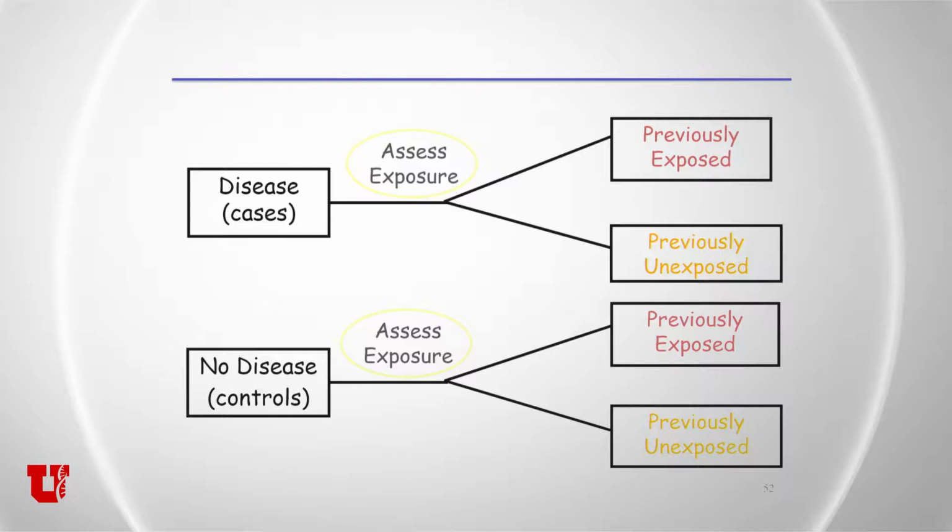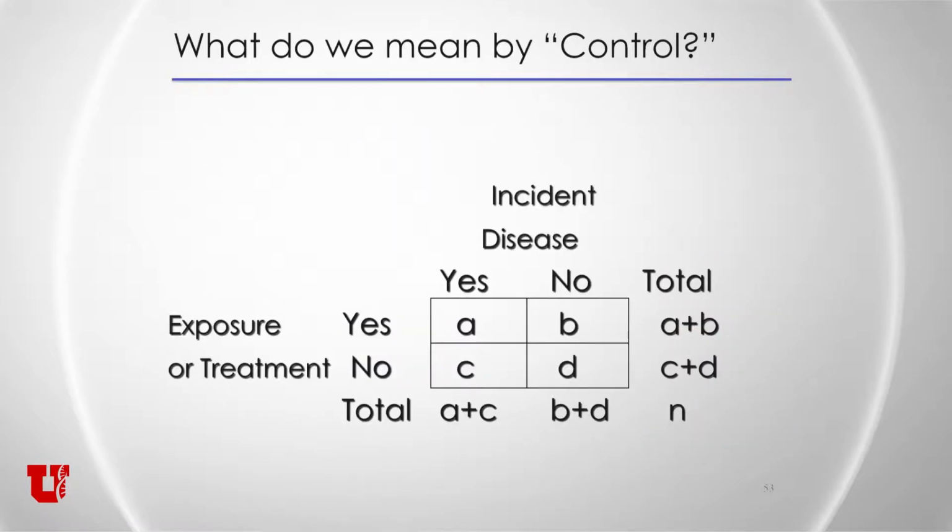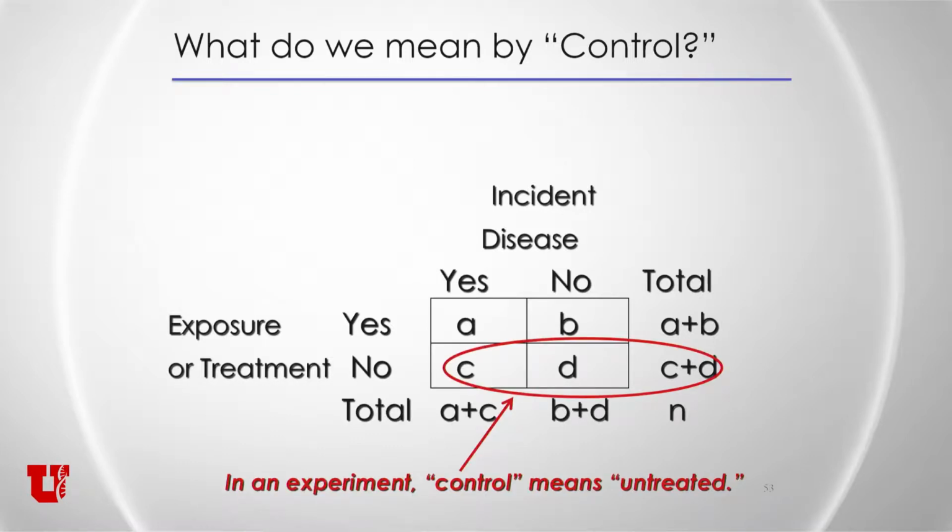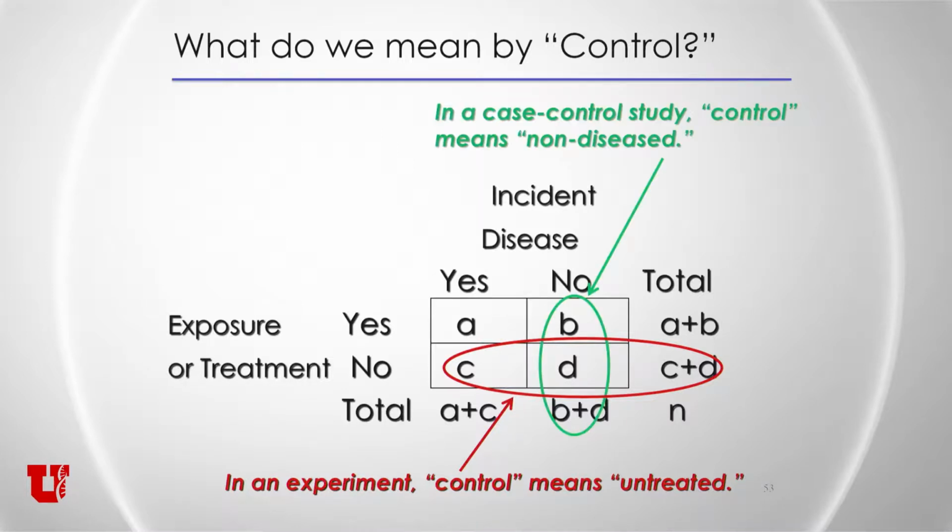An important issue to think about for case control studies is, what do we mean by controls? So here's our 2x2 table again: incident disease, exposure or treatment. So if this was an experiment or randomized trial, control would mean the untreated or unexposed group. That would be the control group. In a case control study, the control group is the non-diseased group.